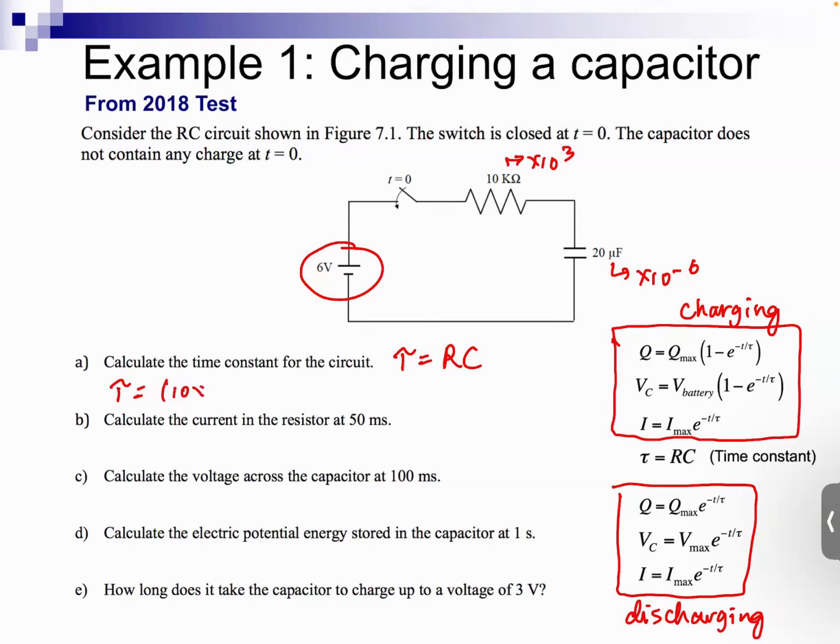So that's 10 times 10 to the 3 times 20 times 10 to the minus 6, which is 0.2 seconds, or sometimes it's easier to work in milliseconds. So I'll convert that 0.2 seconds to 200 milliseconds.